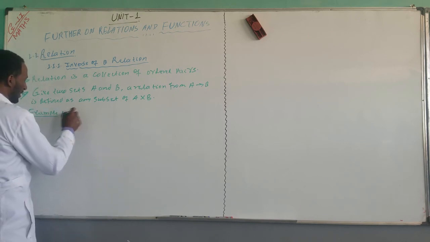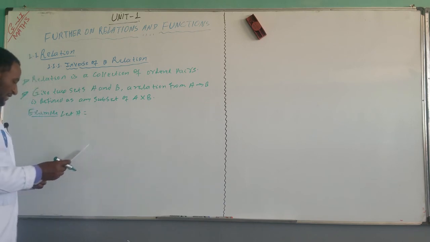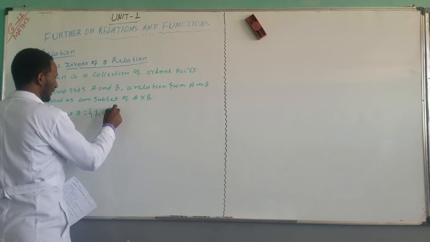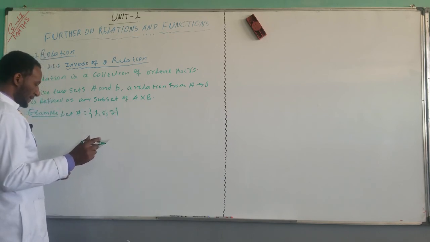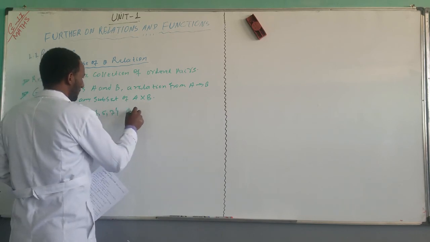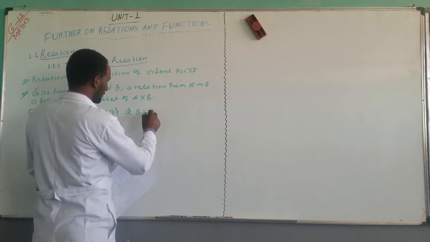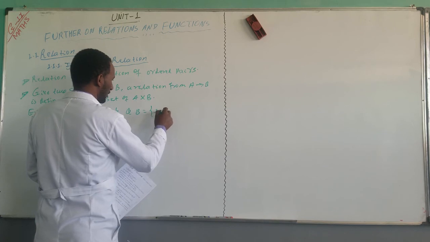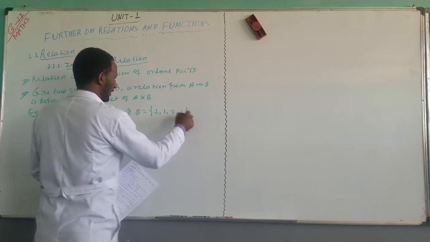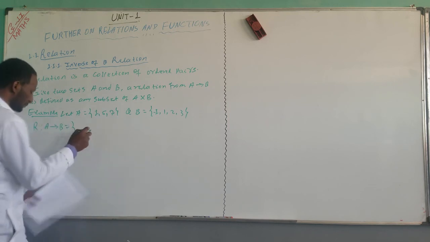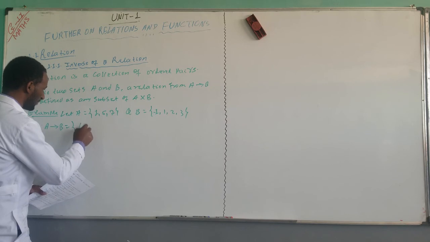Let set A be equal to {1, 5, 7} and B be equal to {-1, 1, 2, 3}. Then a relation R formed from A to B is equal to {(1, -1), (5, 1), (7, 2), (5, 2)}.